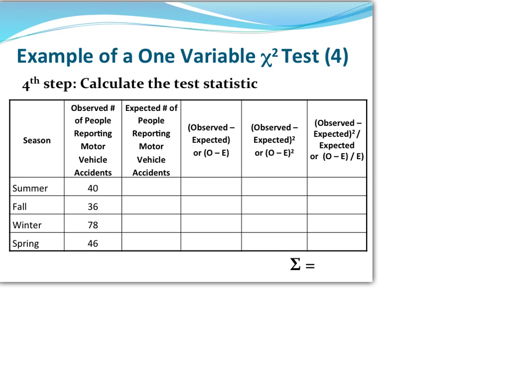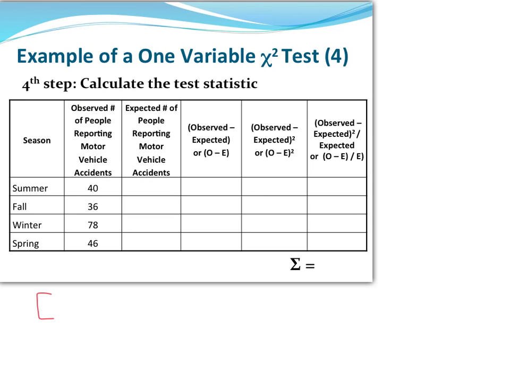Let's now find our test statistic. As I mentioned, I like to use a table to arrange each of the steps of the calculations in order as we're going through. We'll first start with our observed frequencies, or our observed number of people reporting motor vehicle accidents, which will just be the observations that we have in each season.